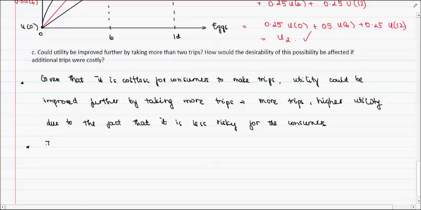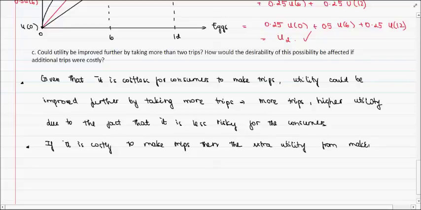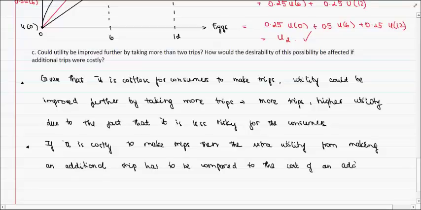However, if it is costly to make trips, then the extra utility from making an additional trip has to be compared to the cost of an additional trip.